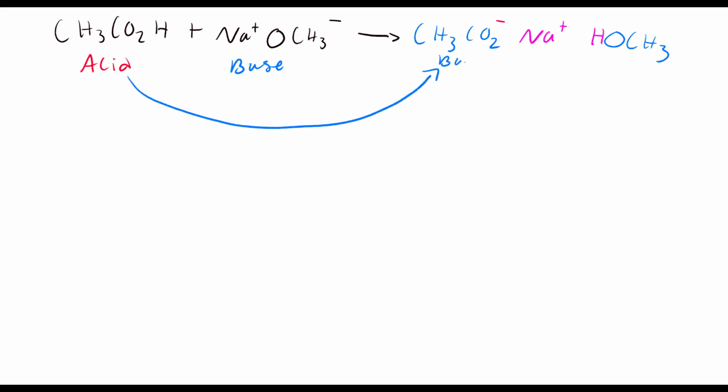It becomes the base. Right? And using that logic, whatever was a base in my reaction becomes the opposite in the other. It becomes the acid. This is a conjugate acid, and this is a conjugate base. Right? Conjugate base.